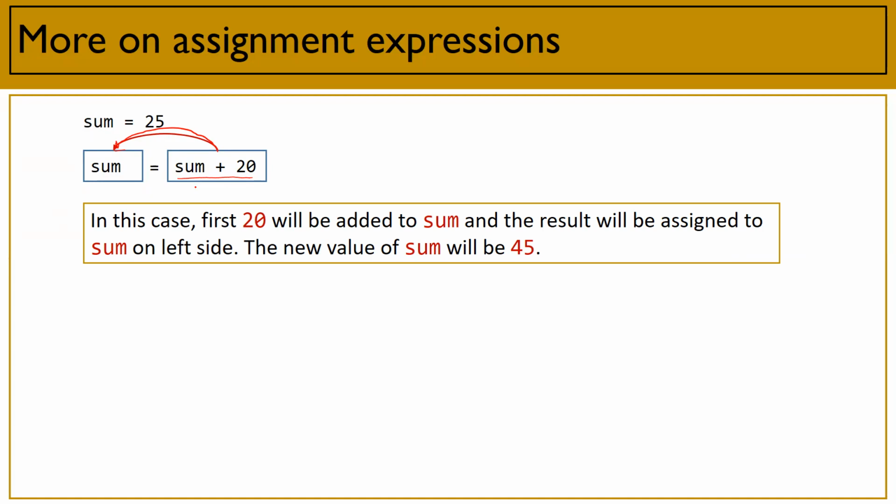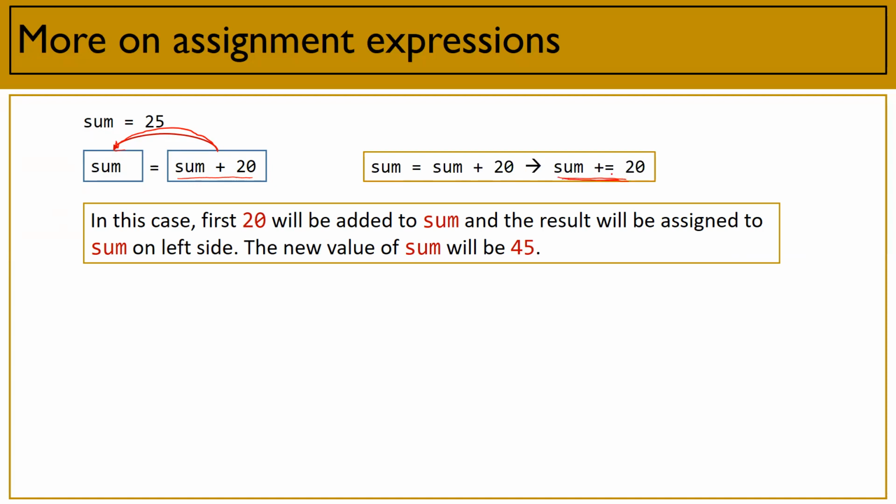So when you are updating some variable, you can also write them in compact form, right? For example, here you are adding 20 to the variable sum and updating it, right? So you can also write this expression in the compact form like this, okay? So you can write sum equal sum plus 20 in this form, right? Okay?